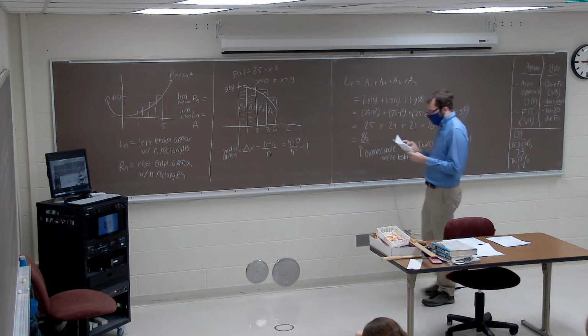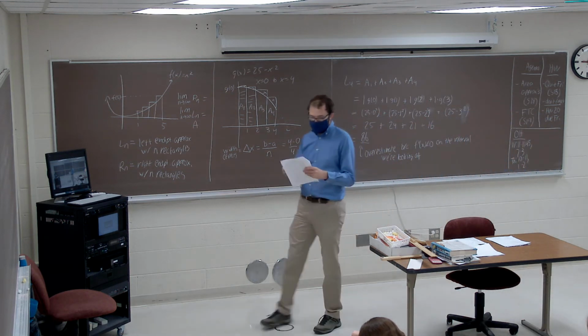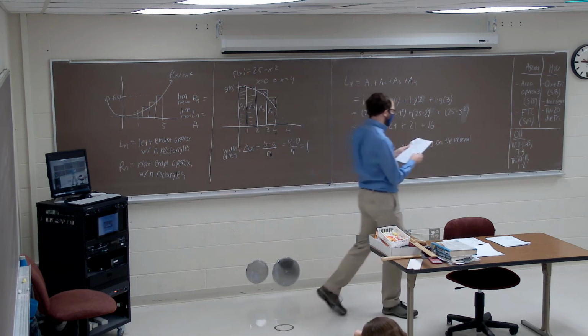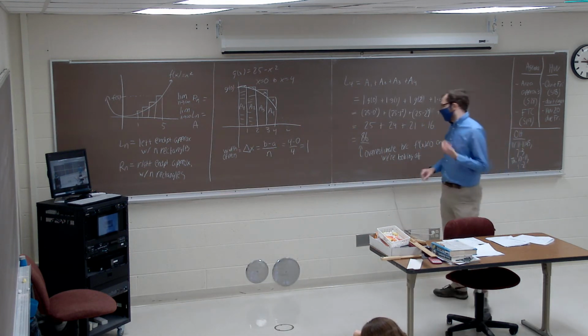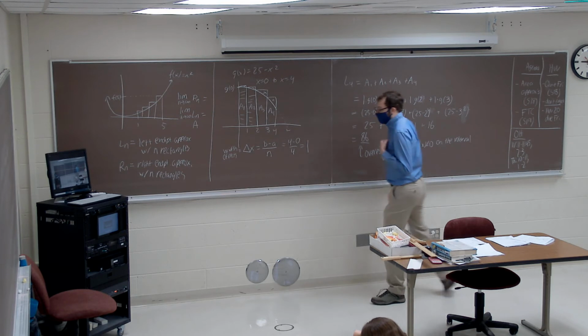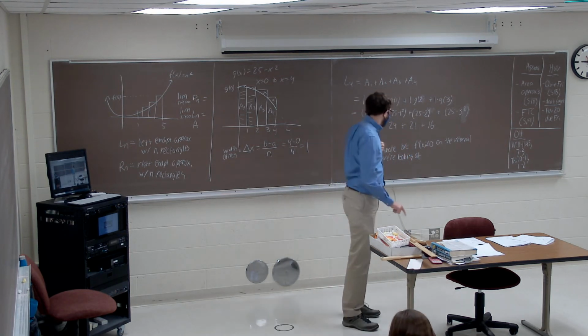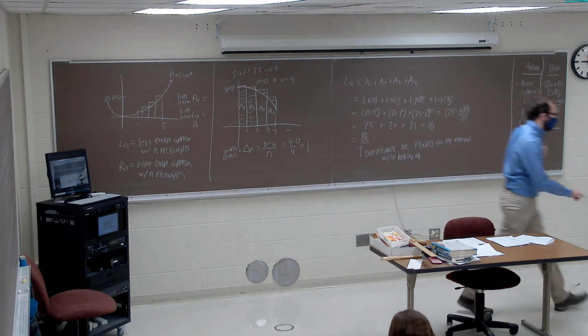Let's see. So I'm gonna flip to the back page. When will R sub n give an overestimate versus an underestimate?